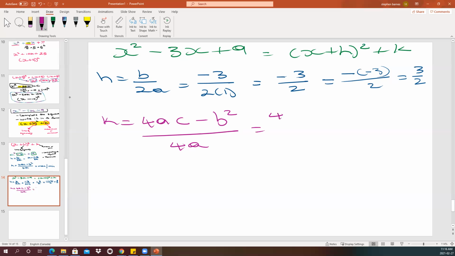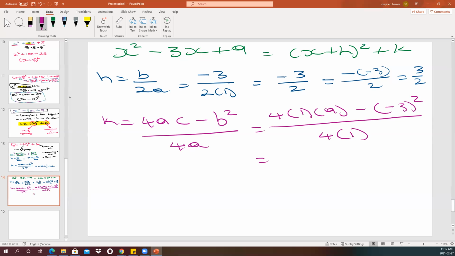Let me do k in a different color. So a in our case is positive 1, c is 9, minus b, which is negative 3, squared, all over 4 times a, which is 1. So 4 times 1 times 9, that's 4 times 9, which is 36.